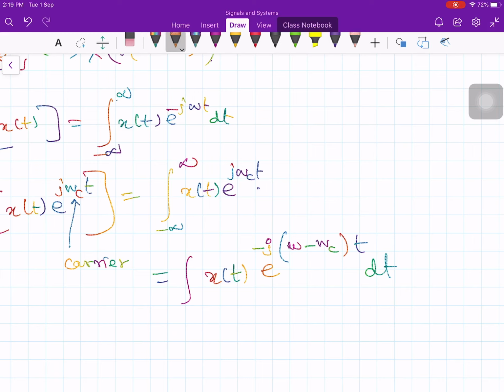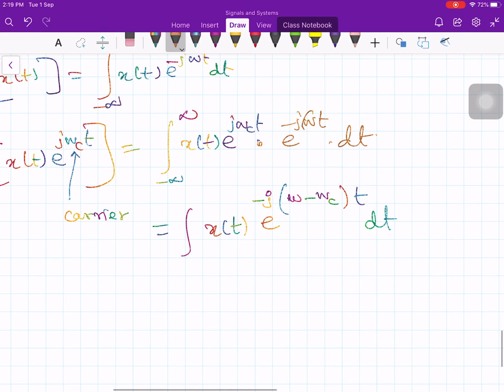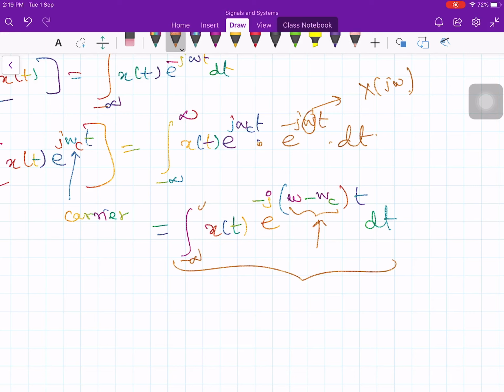Now if we have omega, then once you do the integration it is a function of omega, called x of j omega. Now instead of omega, what do I have here? Omega minus omega c. Therefore the whole thing is x of j times omega minus omega c. That's it.